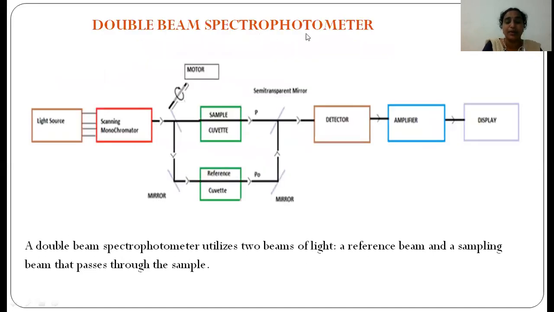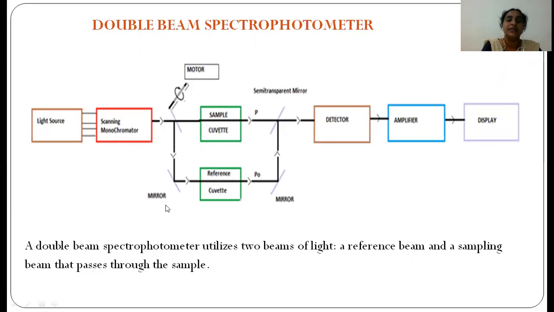Whereas in the double beam spectrophotometer, this is the light source, either deuterium lamp or tungsten filament lamp. From the light source, all ranges of light will be produced. From the monochromator, only single wavelength light will come out, which is distributed into 2 equal halves.